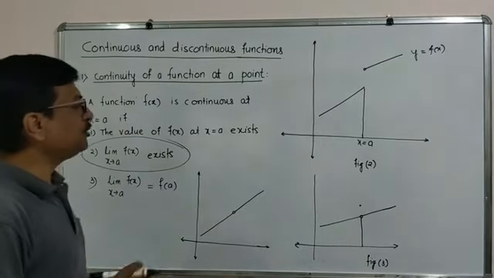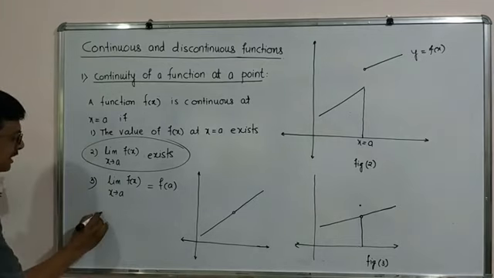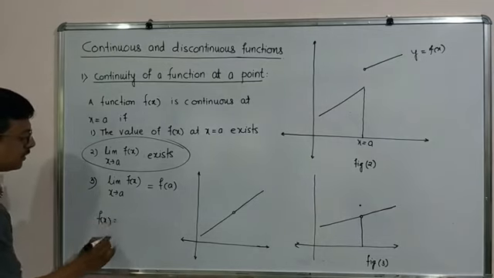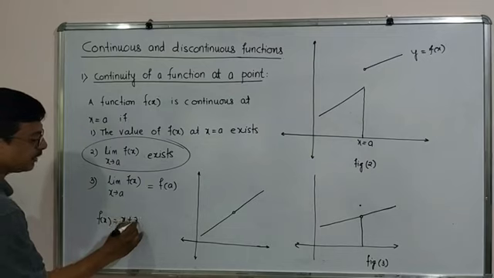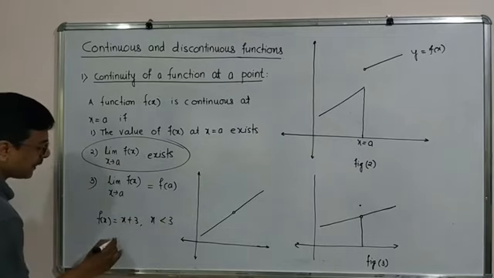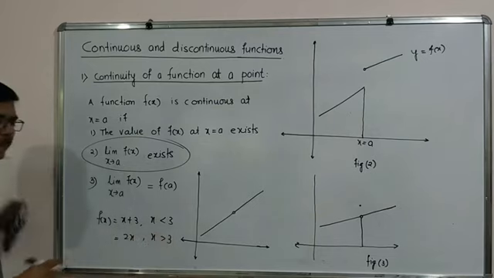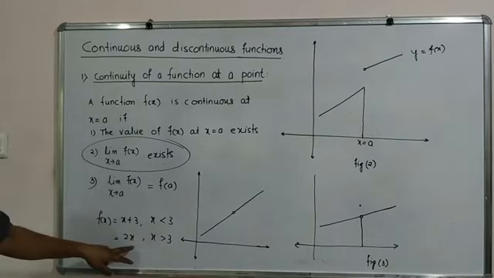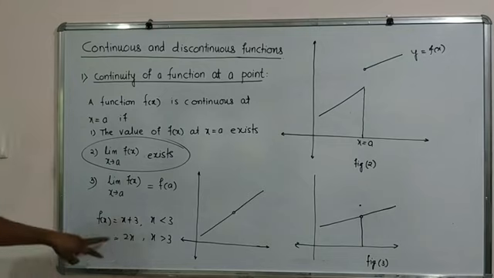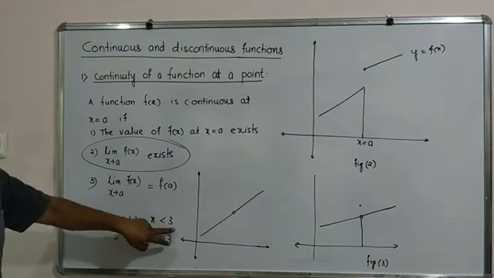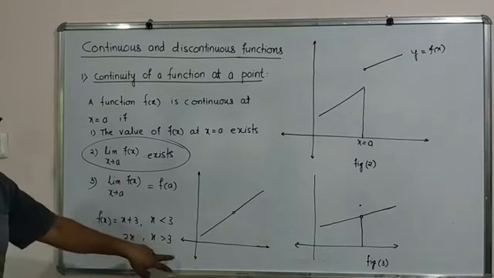We know that sometimes a function is given like this: f of x is equal to x plus 3 for x less than 3 and is equal to 2x for x greater than 3. Now here what can we observe? The function changes for values less than 3 and greater than 3.